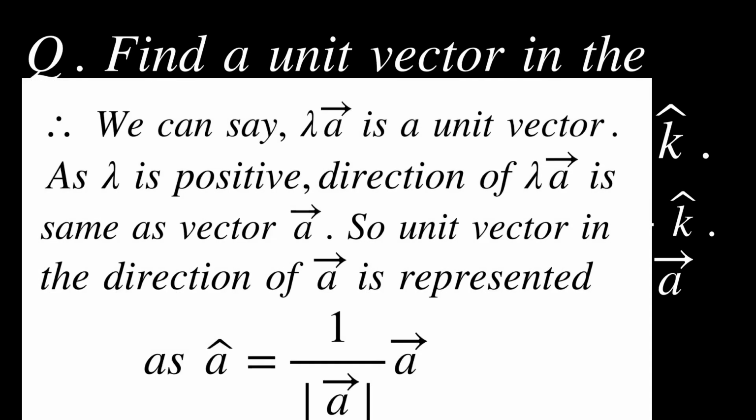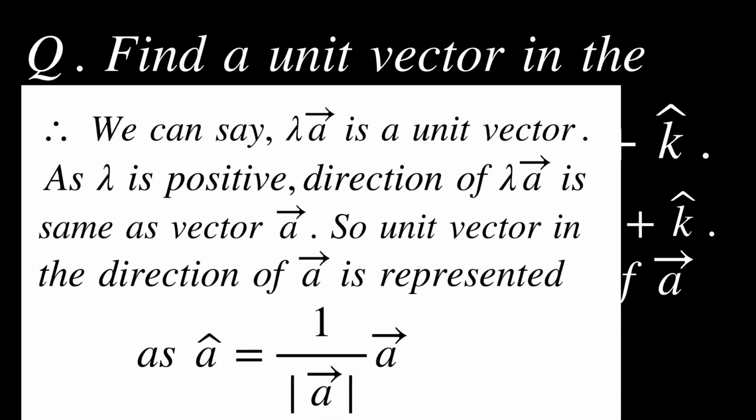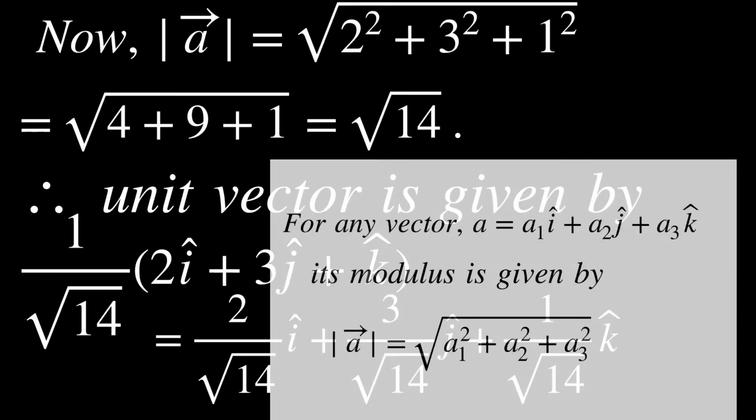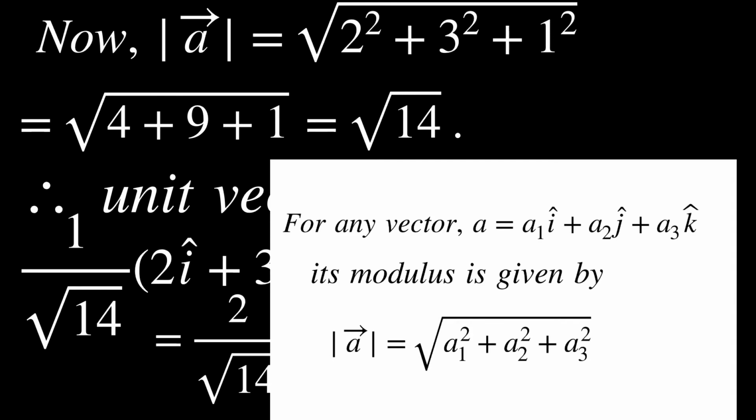So the method of finding a unit vector of a given vector is by multiplying that vector with 1 by modulus of that vector. That is 1 by modulus of vector A into vector A. Now you know how to find the modulus of a given vector. Let's say vector A is equal to a1i plus a2j plus a3k. Its modulus is given by square root of a1 square plus a2 square plus a3 square.